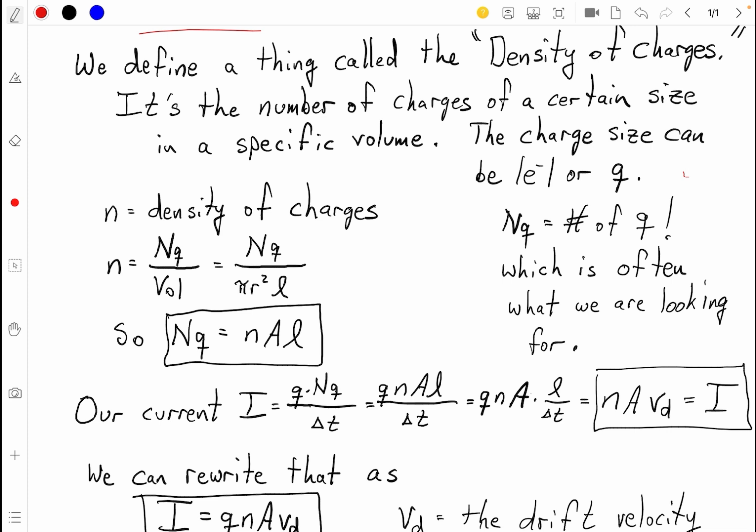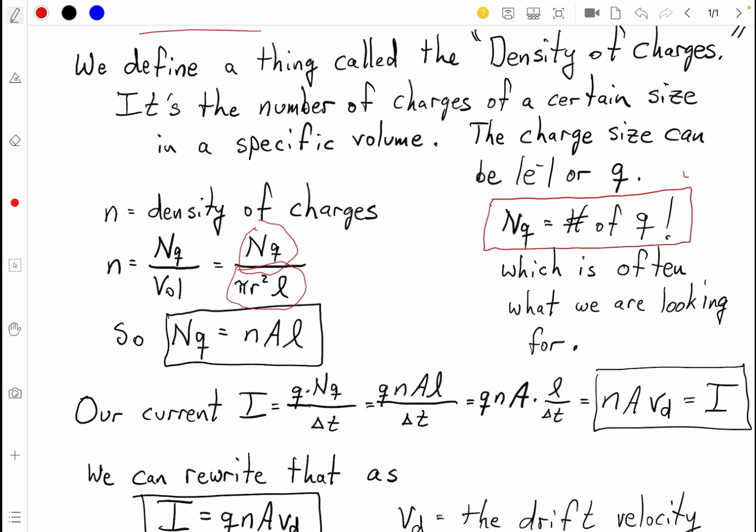Well, it's the number of charges, that's NQ, divided by the volume. And our volume we just calculated was pi r squared L. So we take the number of charges, we divide by pi r squared L, and that gives us our N. But we're often looking for NQ.